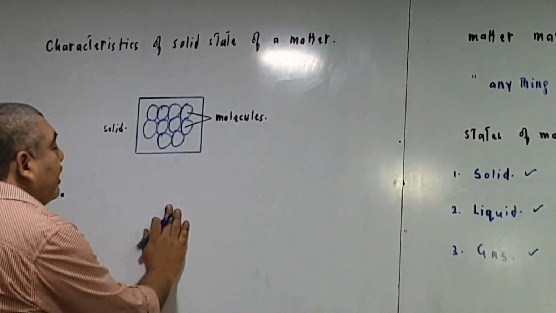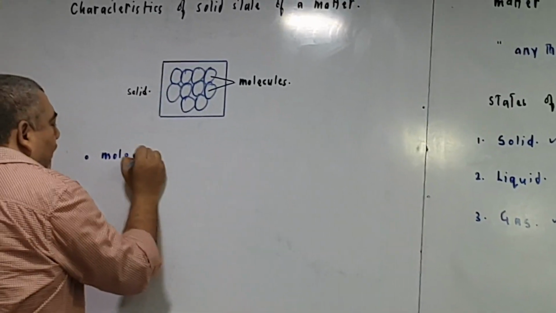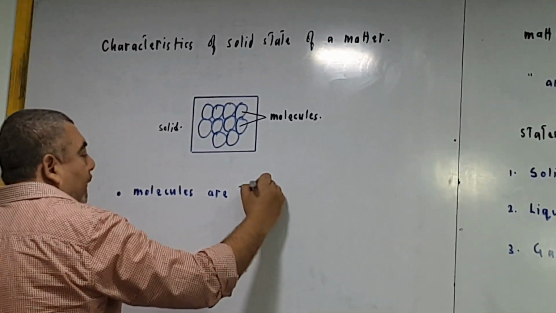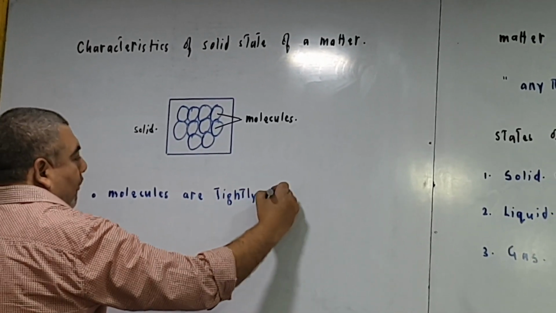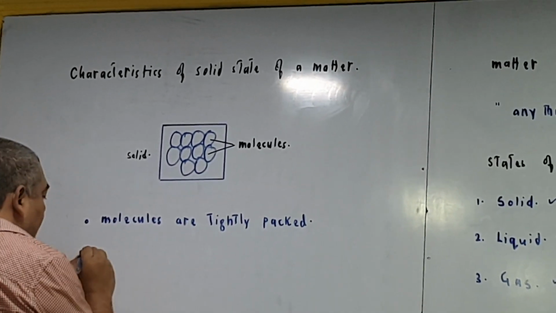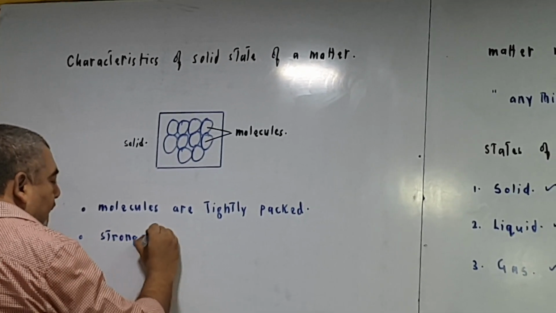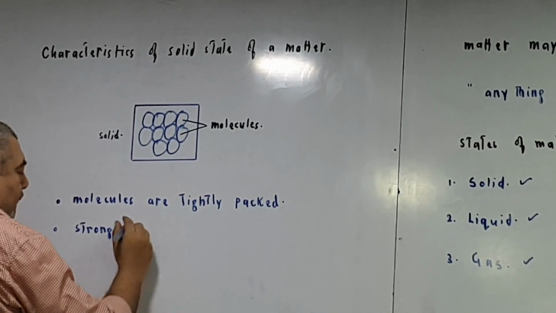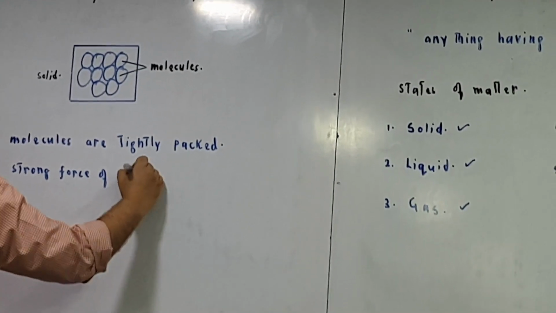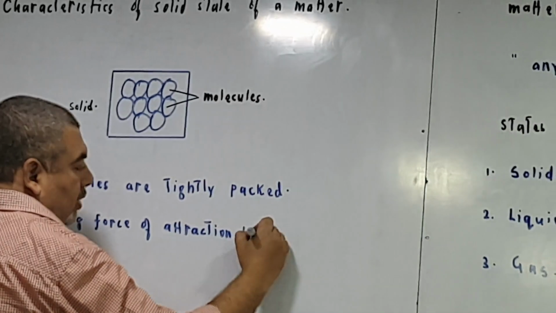Point number 1, characteristic of the solid state of matter. Molecules are tightly packed. Number 2, there is a strong force of attraction between the molecules.